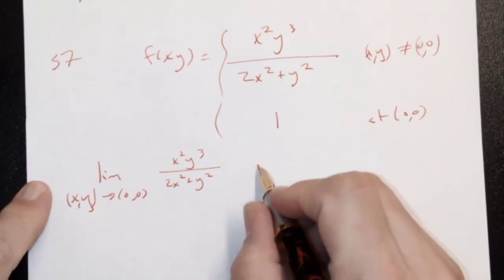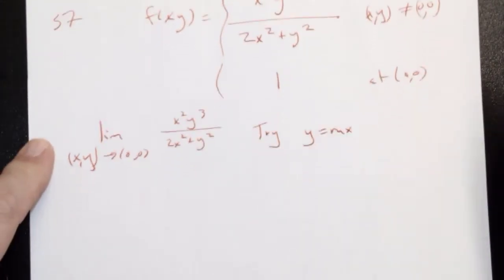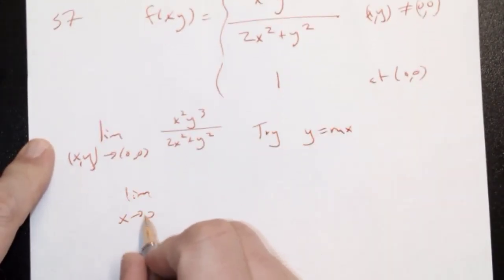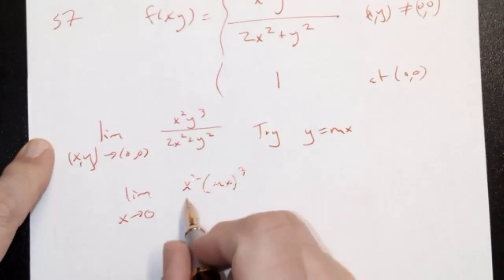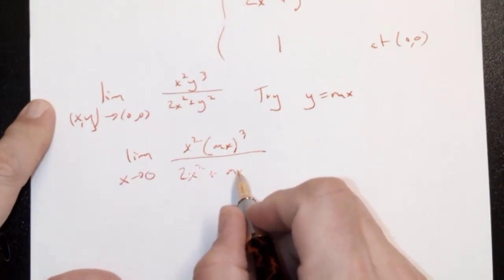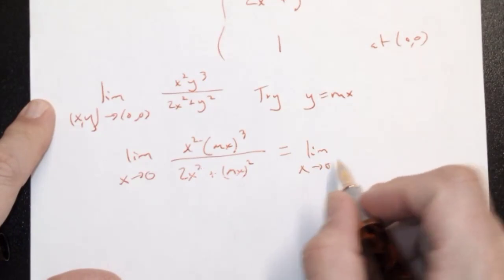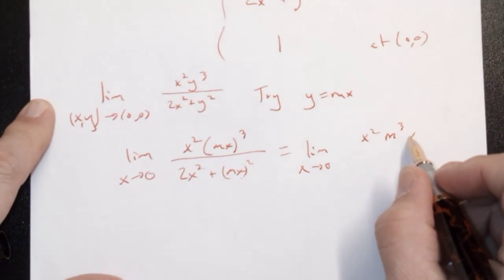If I try y equals mx, well, then I get the limit as x goes to 0 of x squared times mx cubed over 2x squared plus mx quantity squared. And now I do the algebra. I get x squared m cubed x cubed.